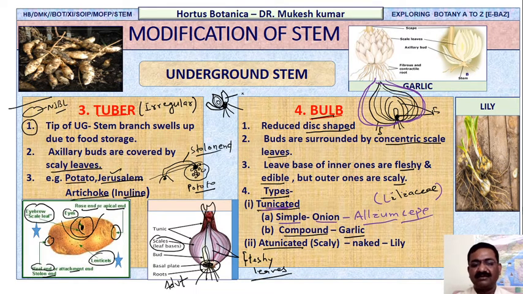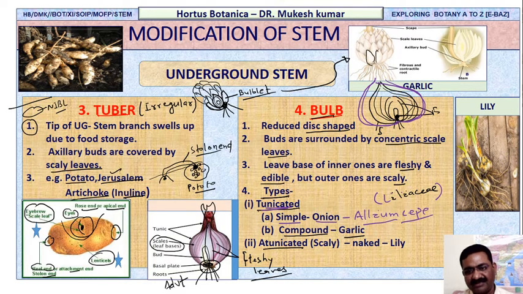Each one is called a bulblet, part of the bulb. You will find many bulbs growing like that, each with its own covering. How many bulblets do you see? That's one, second, third, like that a number of bulblets are there. Each has its own covering, so it is not covered by a single tunic layer. It's called compound tunic, and it's found in garlic.